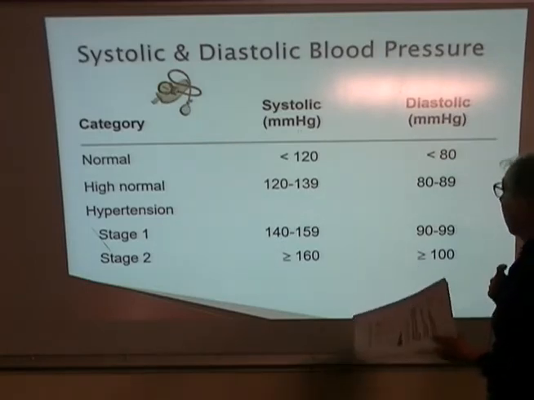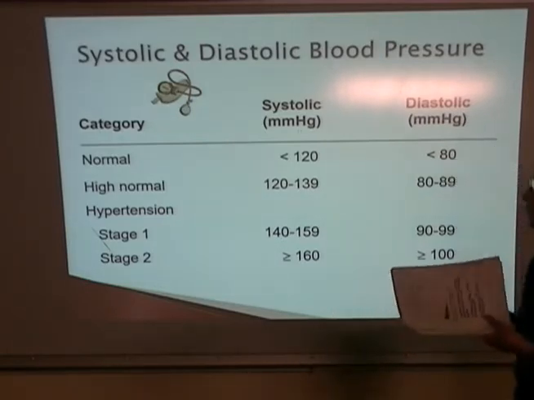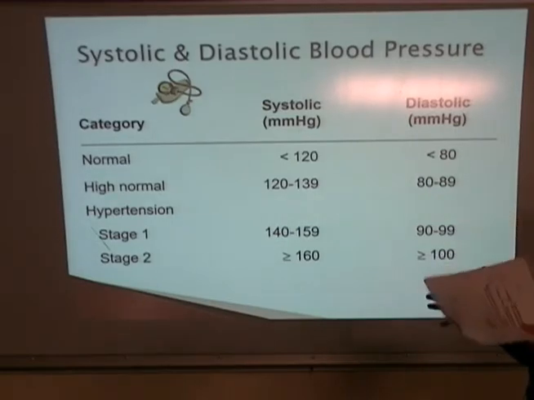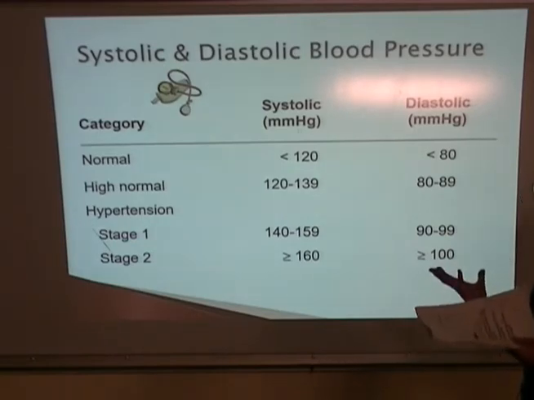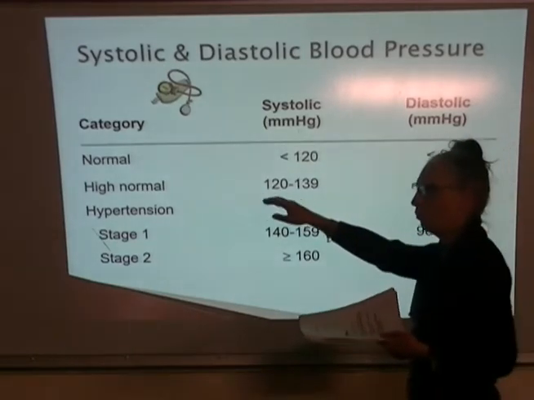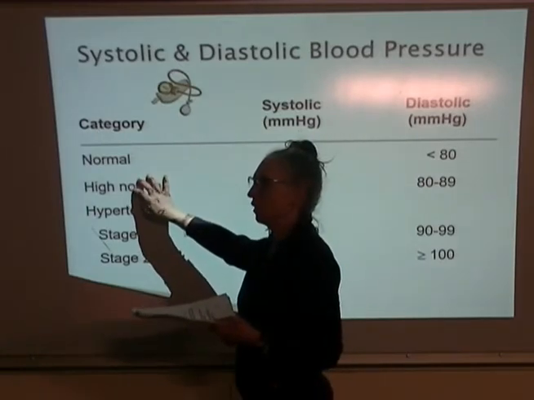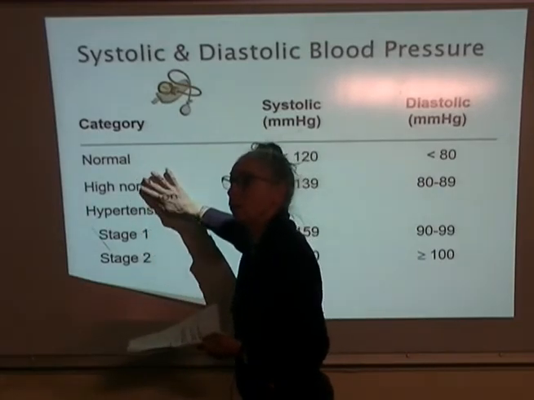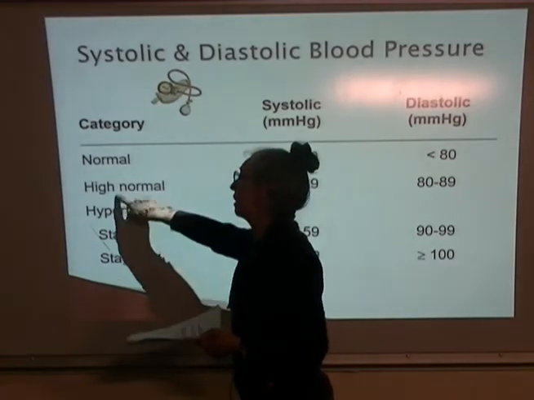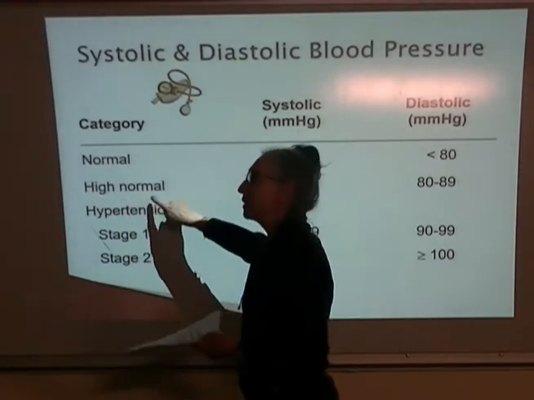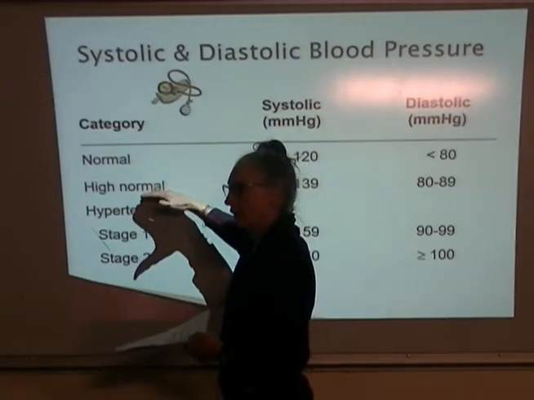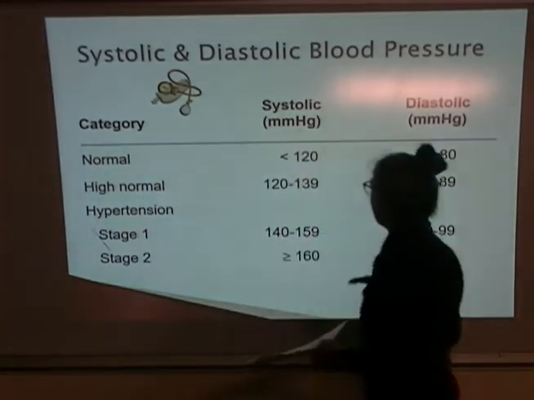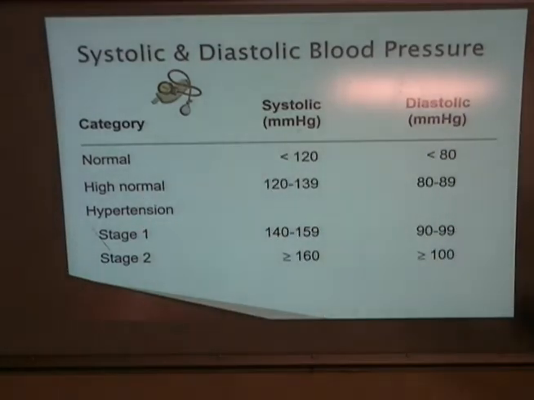If we're high normal, which in our lab book is called pre-hypertensive, I like it being called pre-hypertensive, because high normal is a description that if I wanted to stick my head in a bucket and ignore the problem, there's a normal in there, right? So personally, I like the label pre-hypertensive for this second group: 120 to 139 and 80 to 89 on the diastolic.